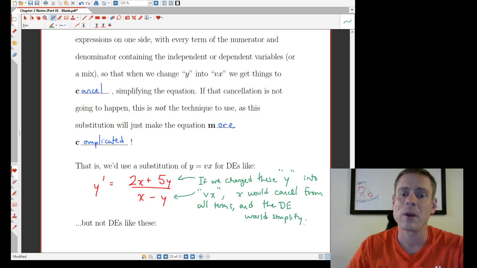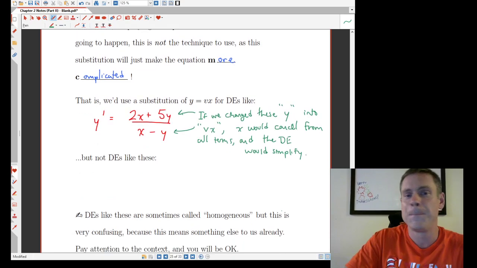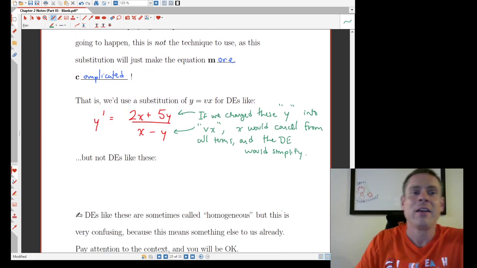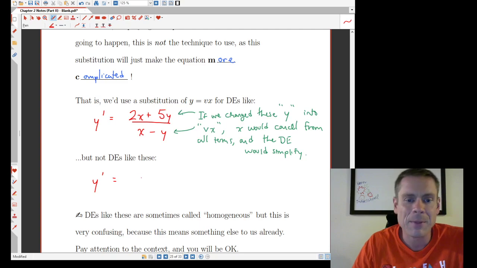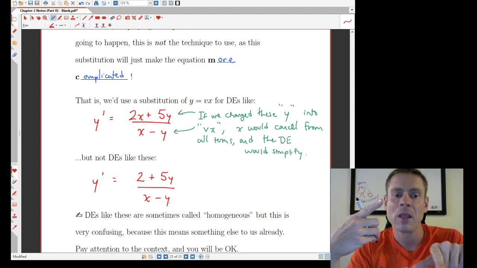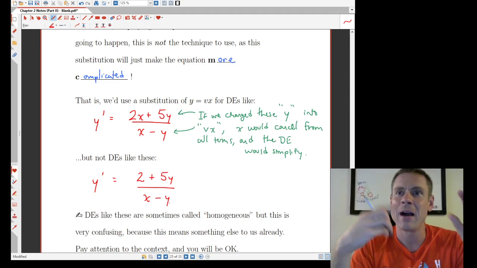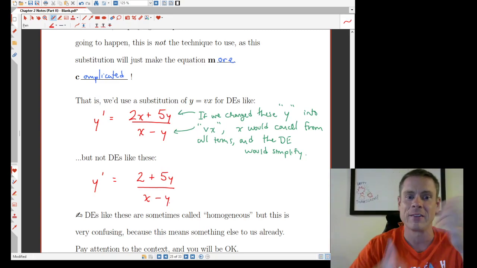You can have a differential equation, though, that looks really similar to this, but it won't work the same way. For example, if you had here a really similar differential equation, y prime equals, let me write down, say, 2 plus 5y over x minus y. Here, I could do the same sorts of substitutions into the y, but because my 2 doesn't have an x in it, I'm not going to get an x common to everything, and I'm not going to be able to cancel in quite the same way.